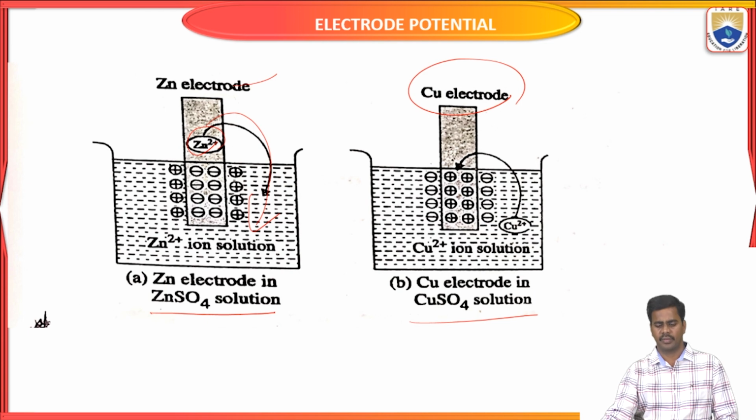Whenever the zinc electrode is in contact with the ZnSO4 solution, electrons pass into the solution. When the copper electrode is in contact with its copper sulfate solution, electrons pass from the solution to the electrode.